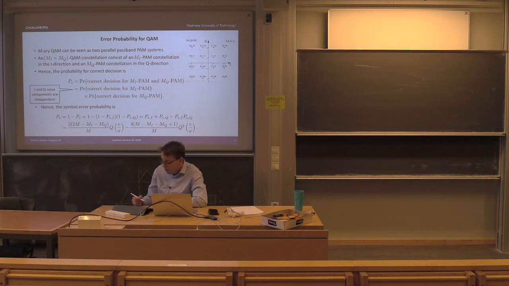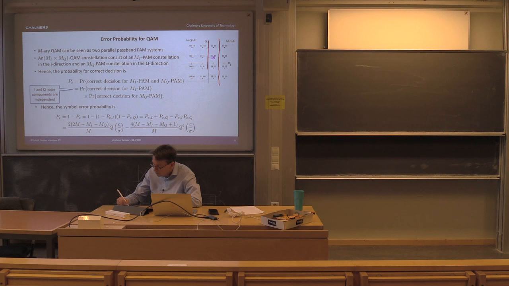So to get the right decision, suppose we transmitted this symbol here. Then the decision region for that symbol would be divided along the I-axis like this. The decision region has to be to the right of this boundary and to the left of this boundary.